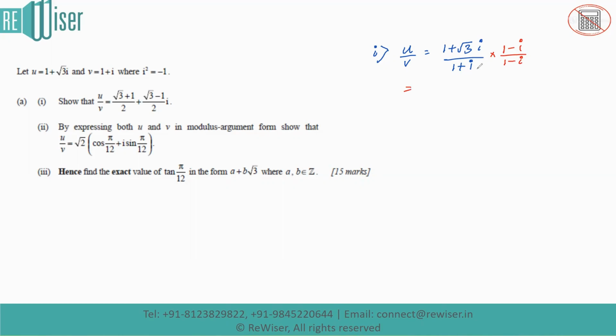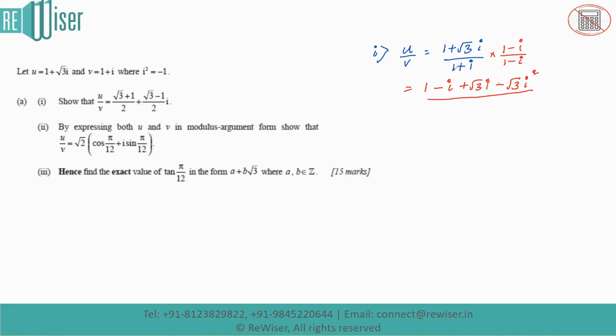So if I do that, my numerator: if I multiply this 1 to these things, that's going to be 1 minus i, and root 3i times 1 would be positive root 3i. Then positive root 3i times minus i is going to be negative root 3i square.